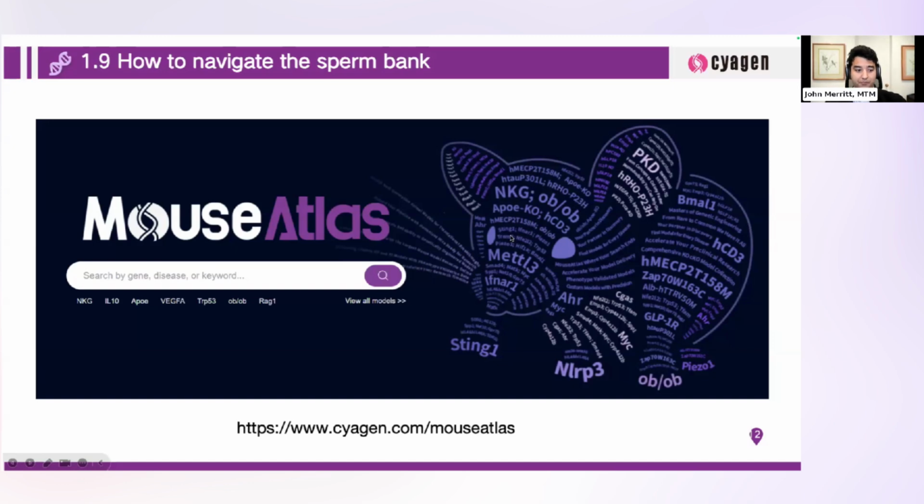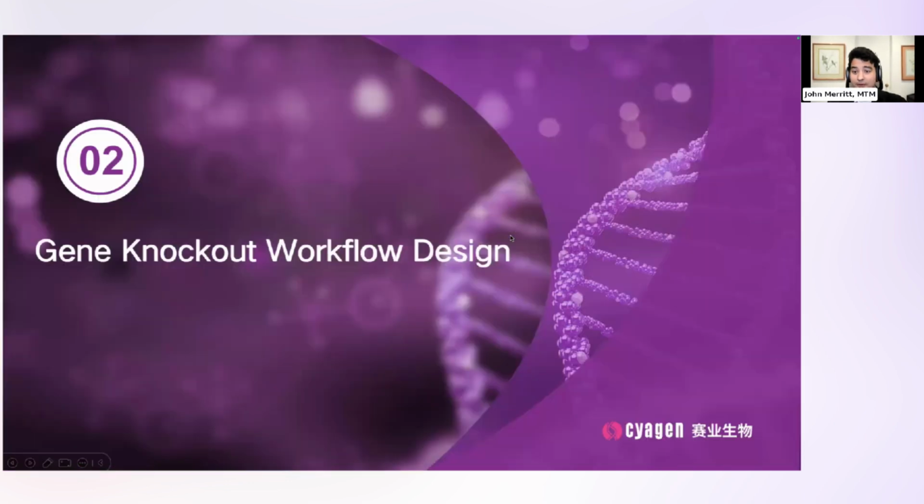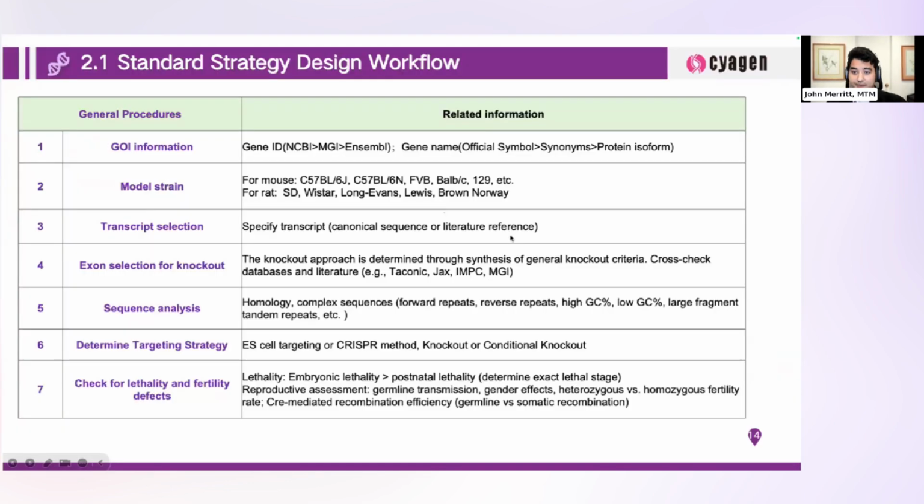We have a human VEGFA mouse model for wet age-related macular degeneration, and we have other models like DIO models or immunodeficient models. You can look up pretty much every model that we have on our mouse atlas, and I'll show you that as I go through our example today.